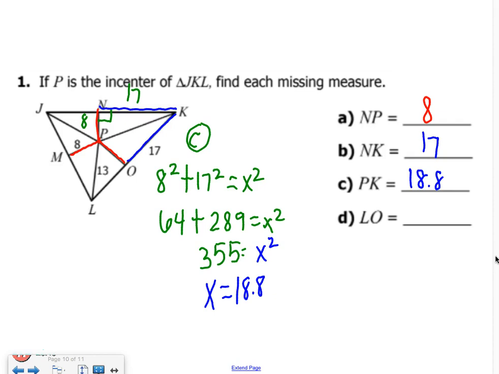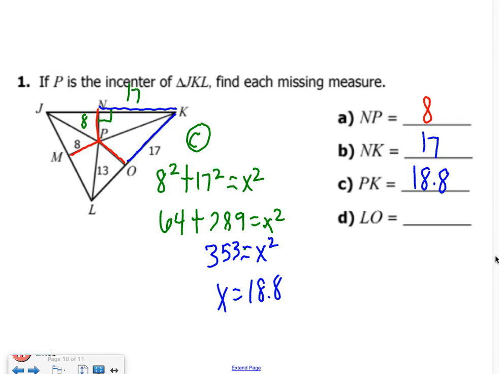It's 353. Reggie, what's the square root of 353? 18 point something. It'd be the same thing. 2.8. Hey, enough. Poor Reggie.